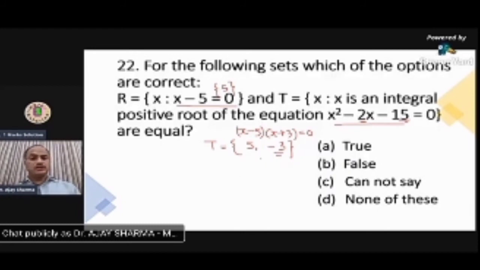Certainly it is not. So this cannot be an element of set T, and we have to exclude it. So set T also has element 5. So R and T both have the same elements. They are equal, so this statement is true. Answer A is correct.